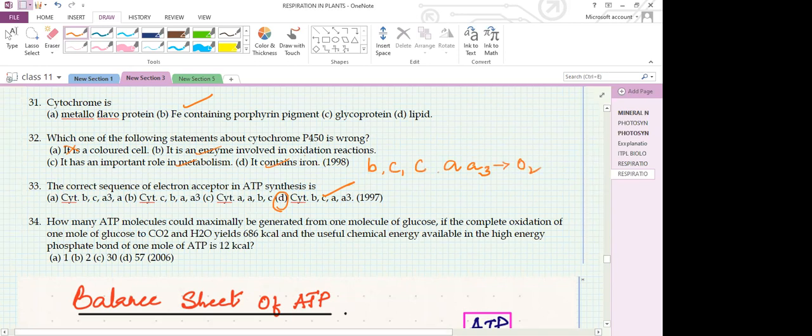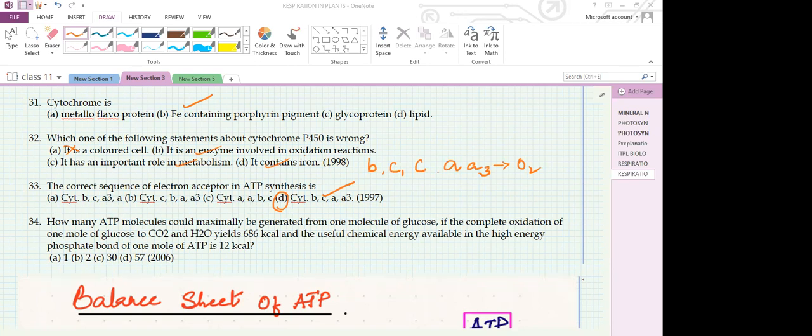So how many ATP molecules can maximally be generated from one molecule of glucose?